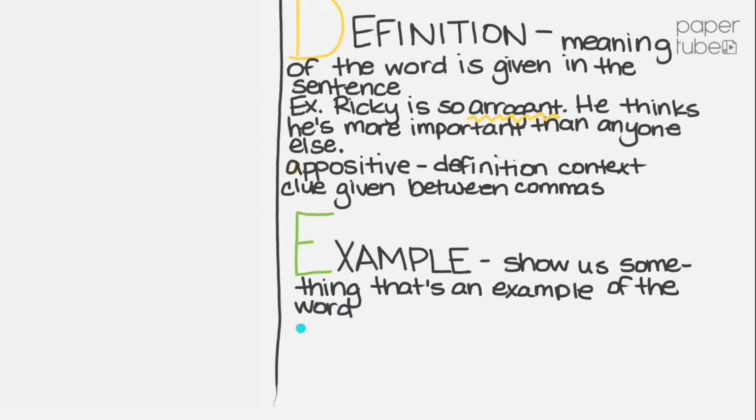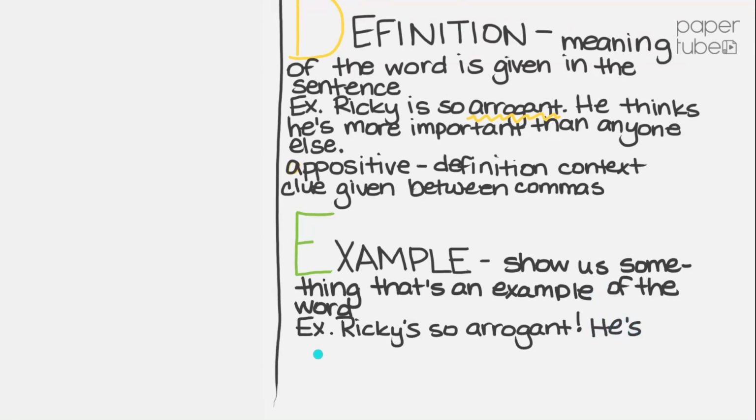And here's an example of the example context clue. Ricky's so arrogant. He's always bragging about how great he is at sports.